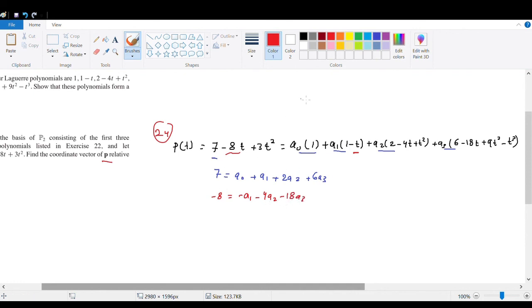Then the coefficient of t square is 3, so 3 is equal, then from here we have a2, then from here we have 9a3.